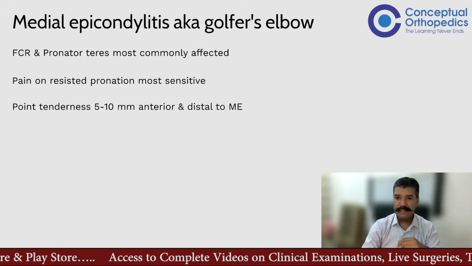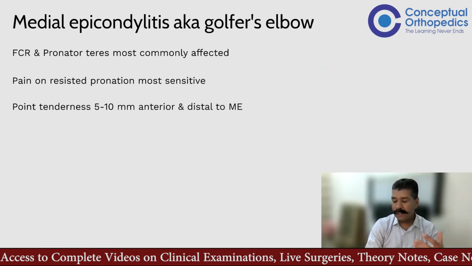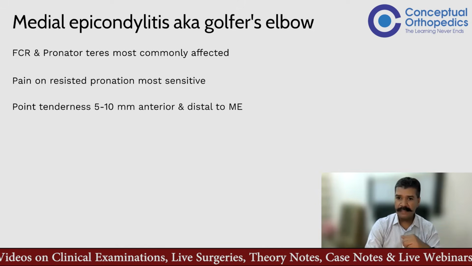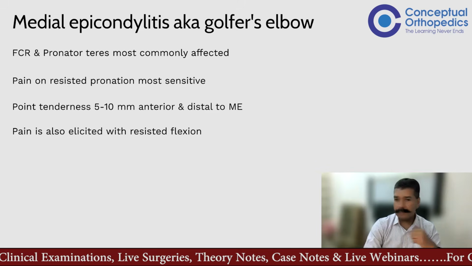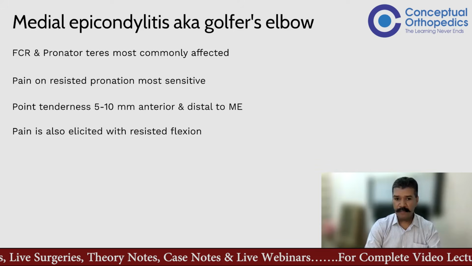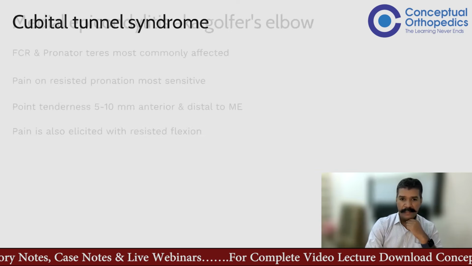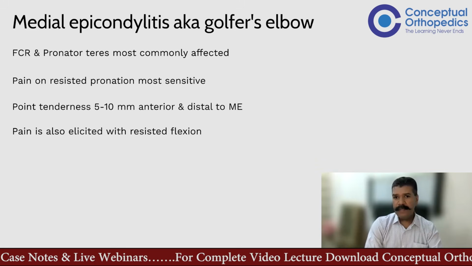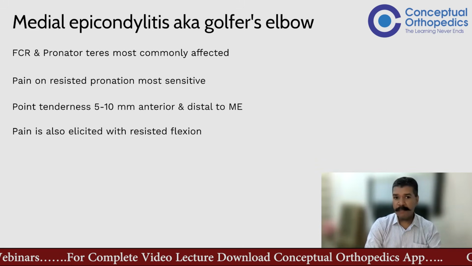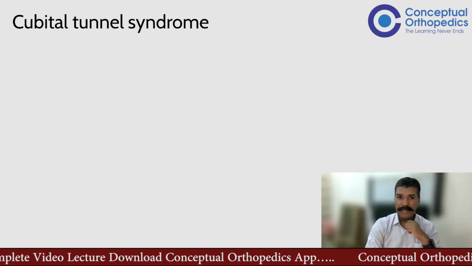And in this manner, it is a little similar to lateral epicondylitis, where also the point of maximal tenderness is 5 millimeters anterior and distal to the lateral epicondyle. You can also elicit pain with resisted wrist flexion, what is known as a reverse Cozen's test. So these are simple OPD pointers which point you towards medial epicondylitis. The thing to remember is pain on resisted pronation, which is something which we generally don't look at.